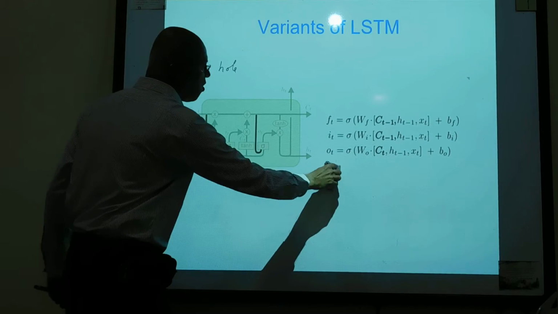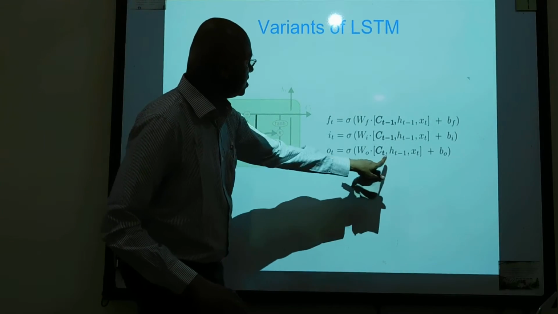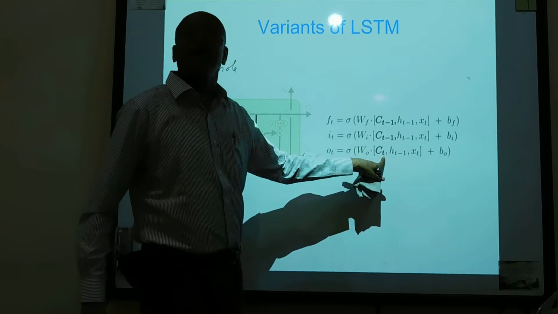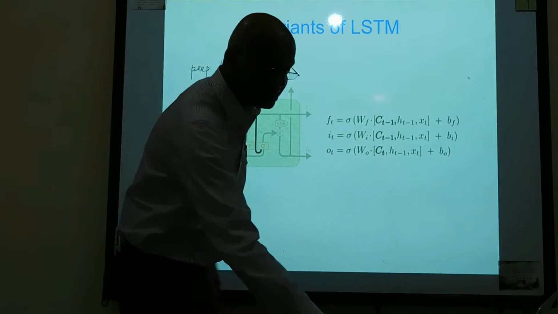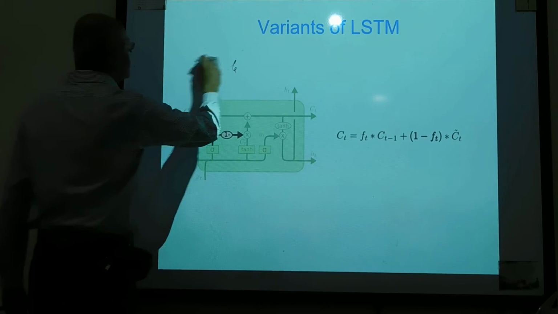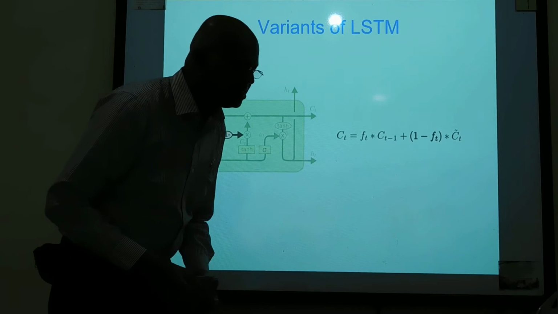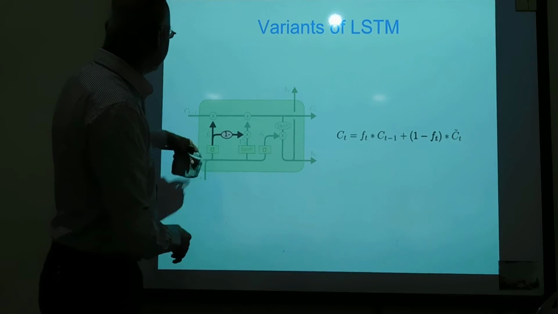This occurs for all the three gates. Note down here, the output depends on the current state of the cell also. There is another variant of the LSTM which is the so-called coupled gates.